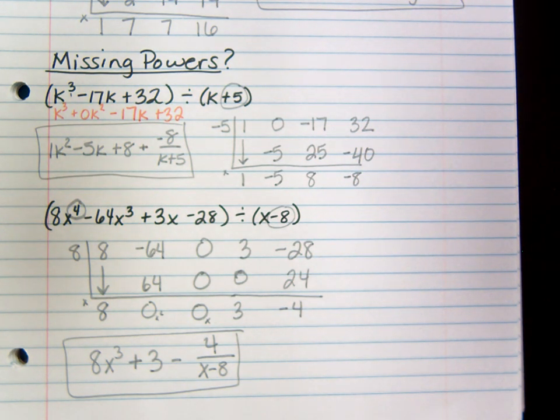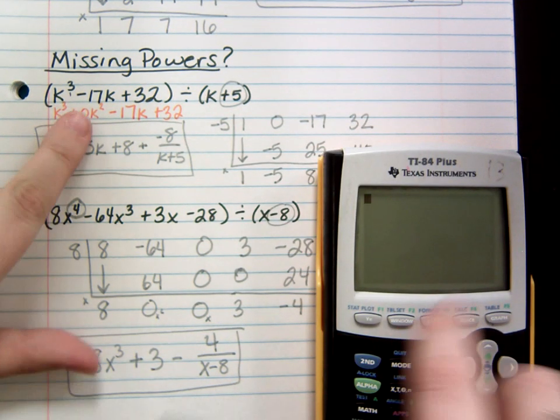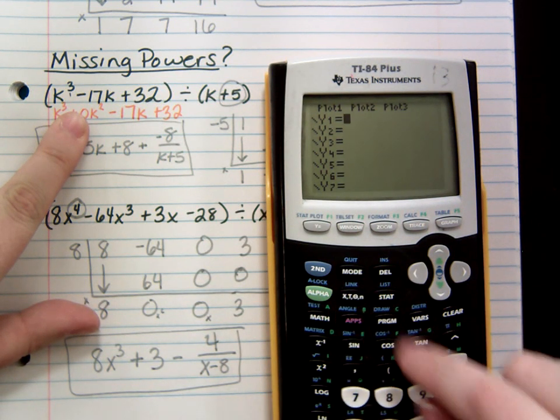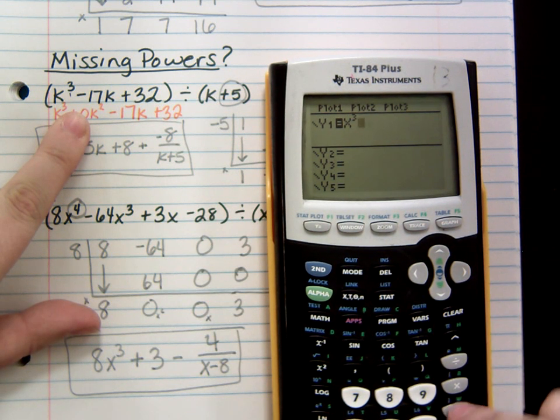Okay, so let's just take this one. So we have x to the 3rd minus 17x plus 32.